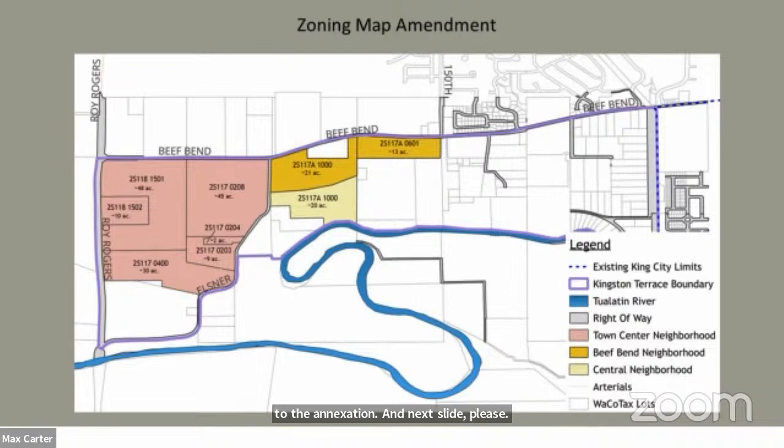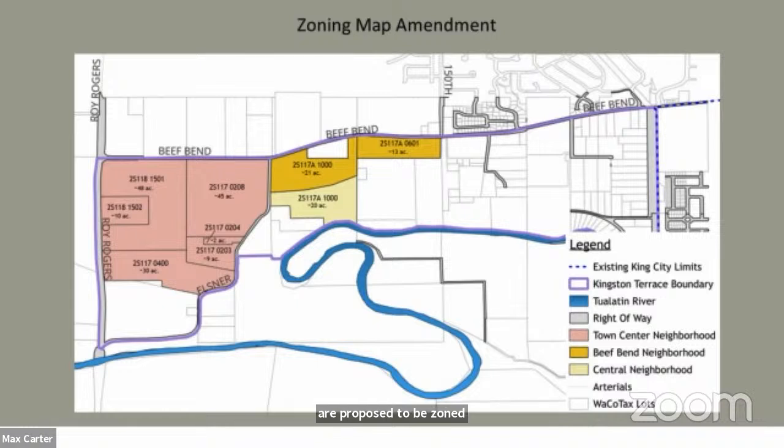And this accompanies the annexation request and is the proposed zoning map for the property. The zoning is connected with the Kingston Terrace District Code and the neighborhoods that were established with the master plan. And so the town center portions of the annexation area are proposed to be zoned town center neighborhood.